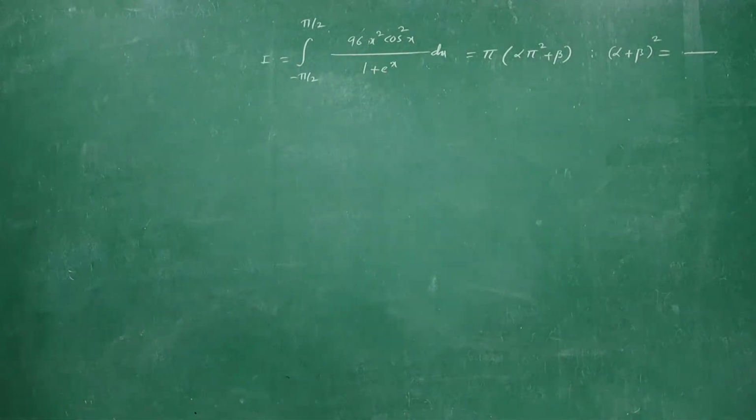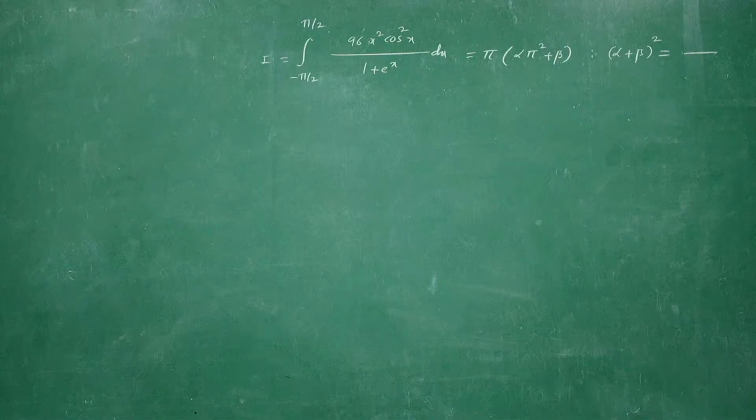Yes. When the limits are from minus a to a, first you have to verify whether the function is even or odd. If it is neither even nor odd, then go with the king property. Okay?